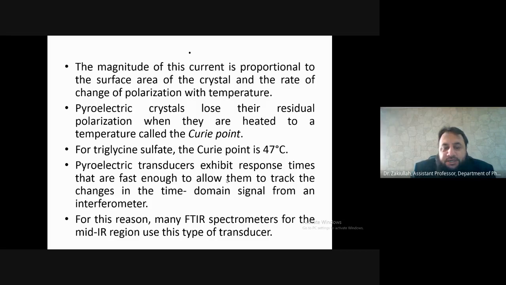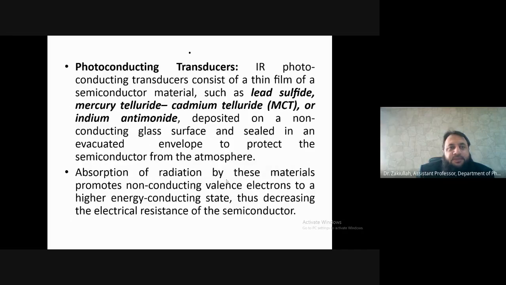When there is a change in the temperature, and IR radiation falls on these materials, their current increases, and this current is proportional to the radiation or the increase in the temperature. So by this we can know the amount of IR radiation that is coming. The second one is the photoconducting transducers.